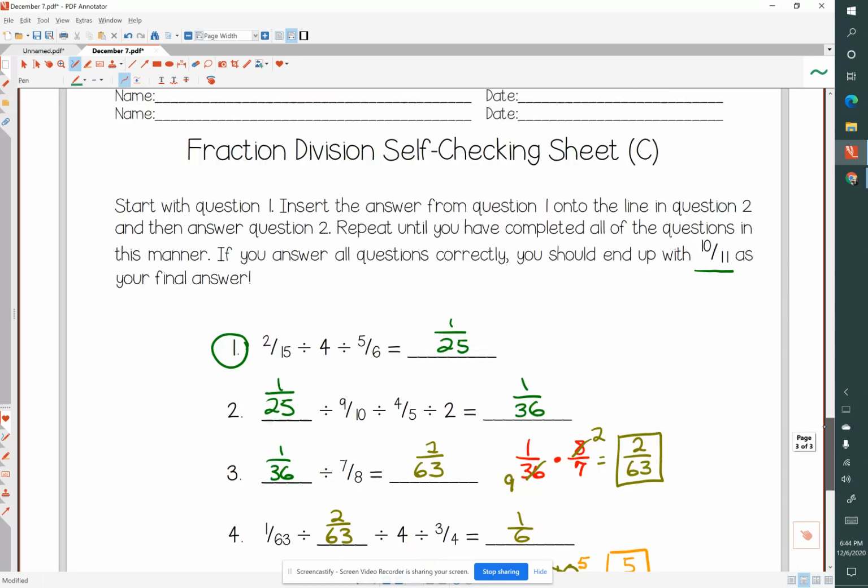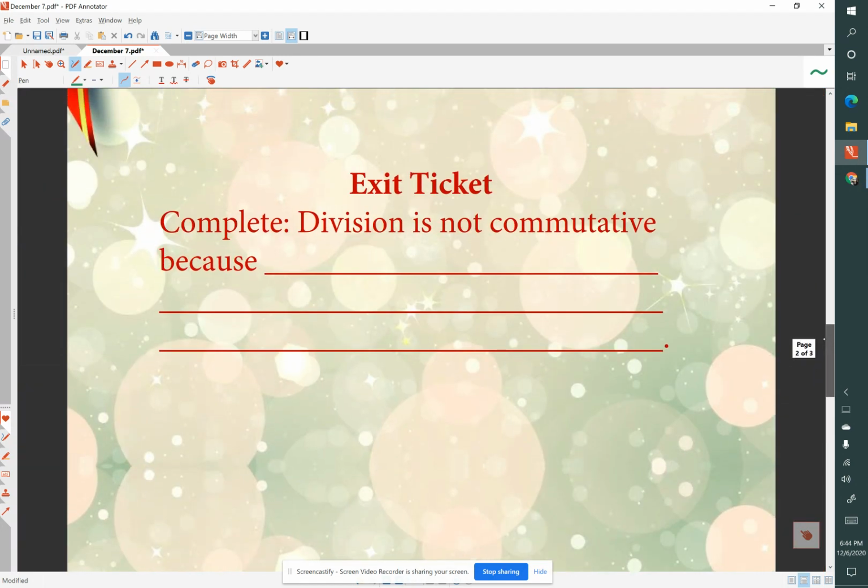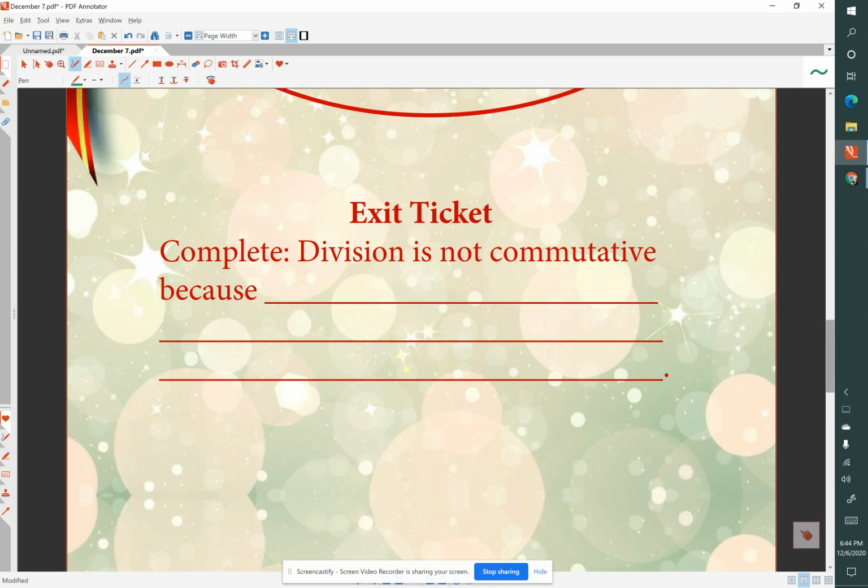So let's go back up to our exit ticket. We do our do now and our exit in teams. Division is not commutative because with division, the order of the numbers matters.